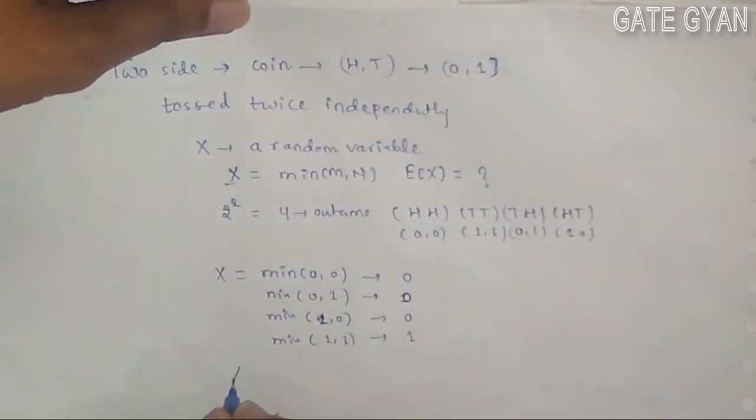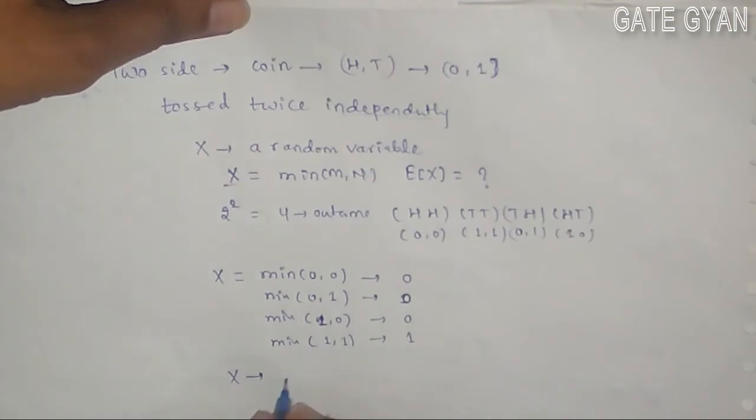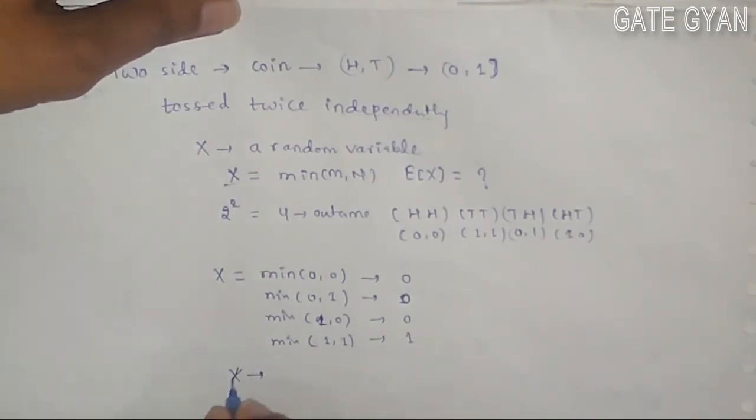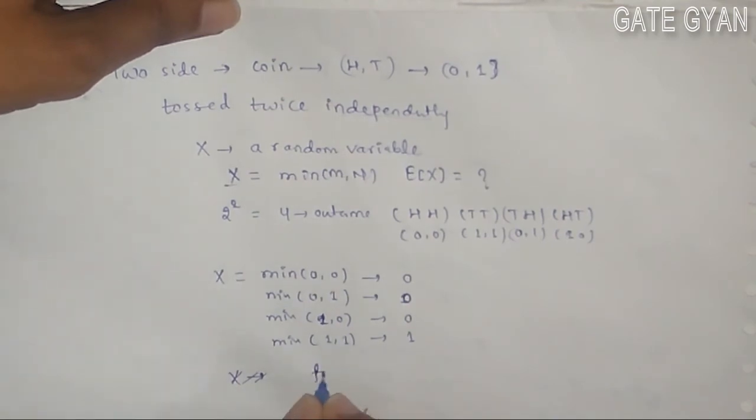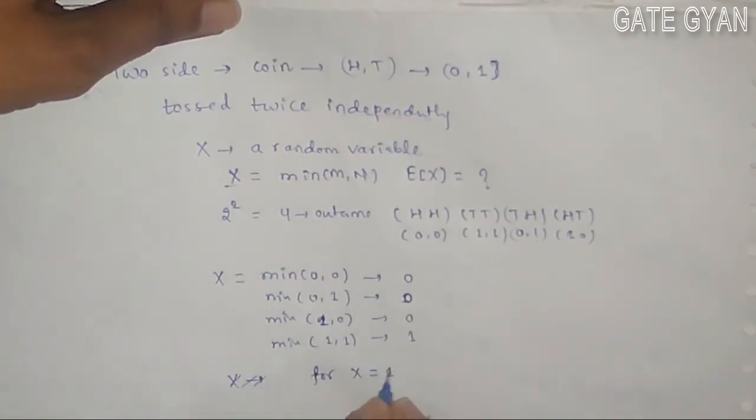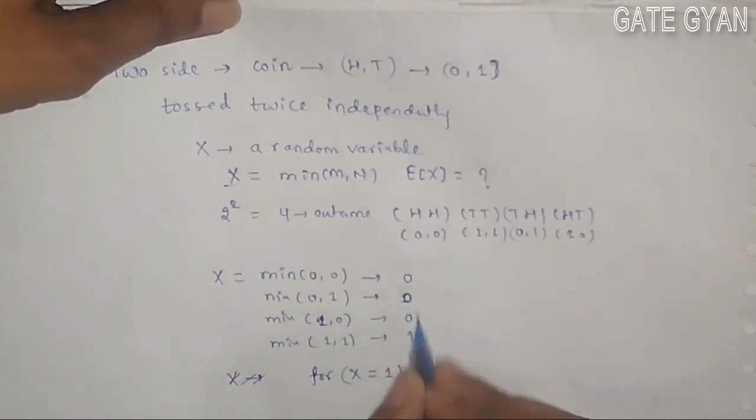So for x equal to 1, there are 4 outcomes and only 1 is 1.